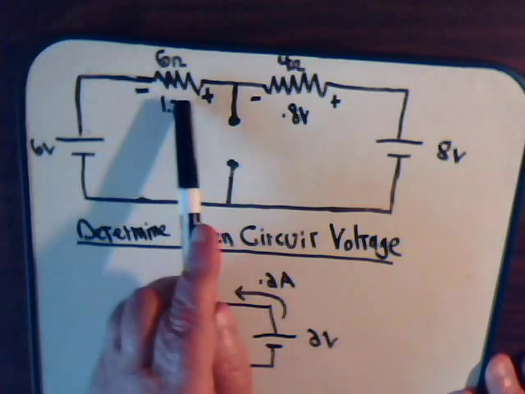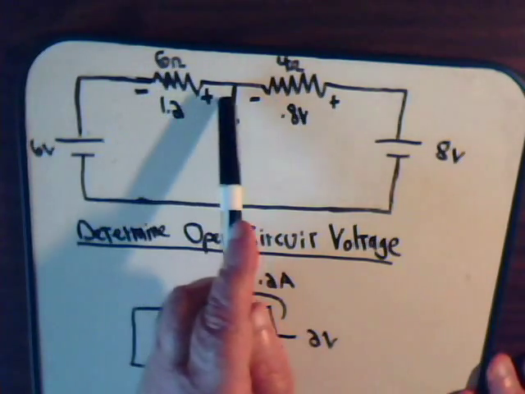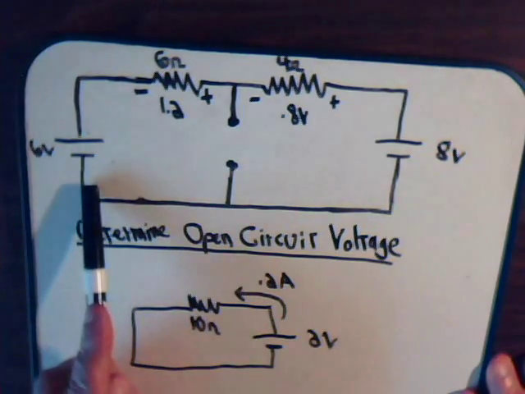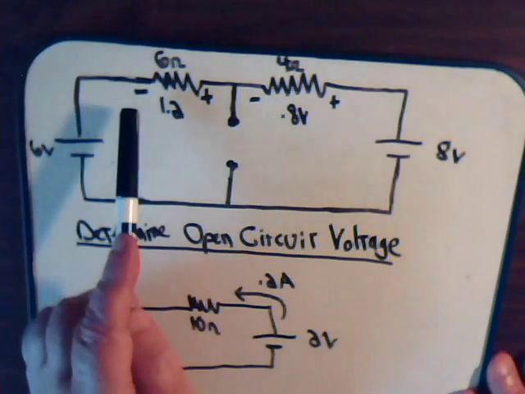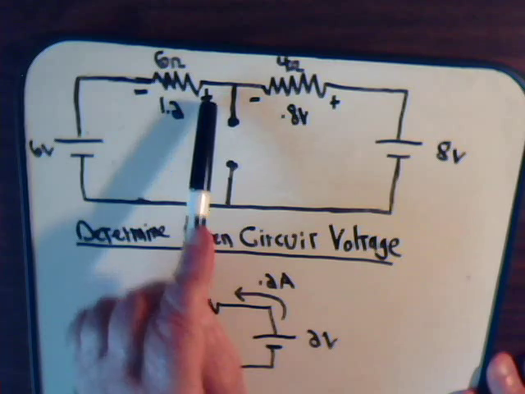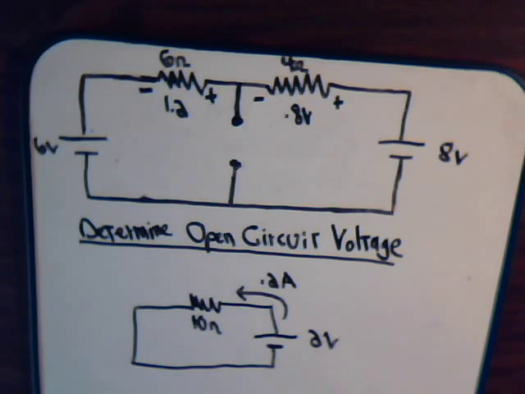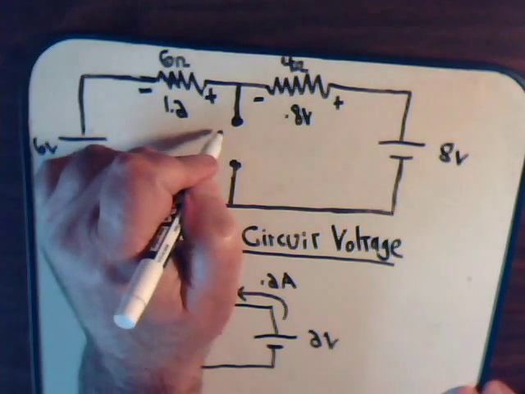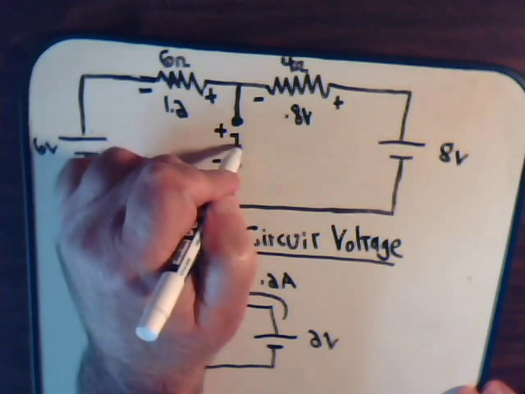Kirchhoff voltage summation here, and we'll do it going in this direction. So we're going minus to plus, so that's plus 6 volts. Going minus to plus, that's plus 1.2 volts. So we add them together and get 7.2 volts. So this has to go plus to minus of 7.2 volts.